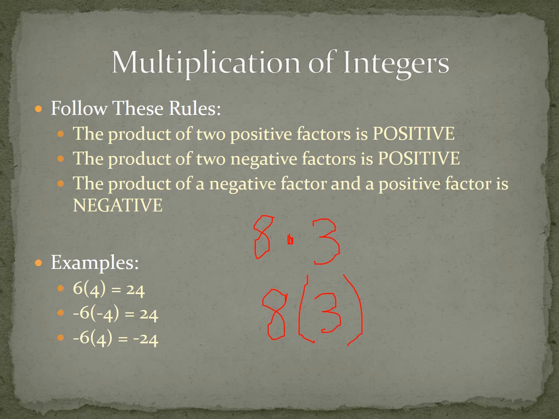Also, I want to mention making sure that you start getting used to seeing multiplication written like this. So you may see 8 with a dot, and then a 3, okay? Or you may see 8 with parentheses, 3, okay? Those all mean multiplication. The reason being is that as we get into algebra, a lot of times x is a variable.